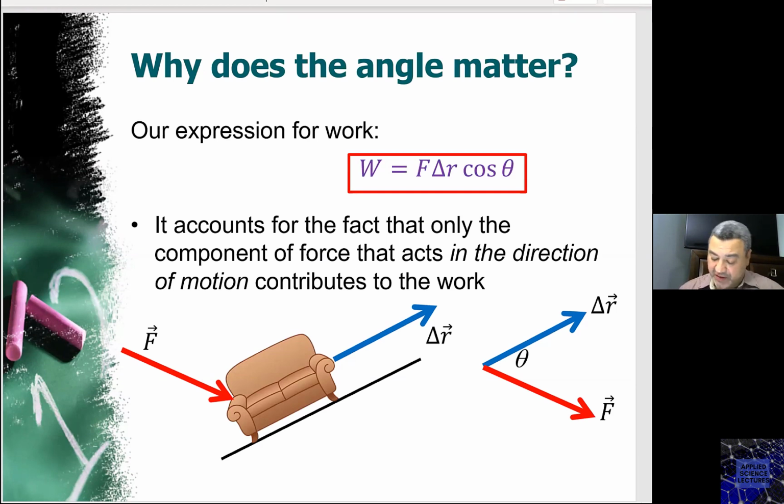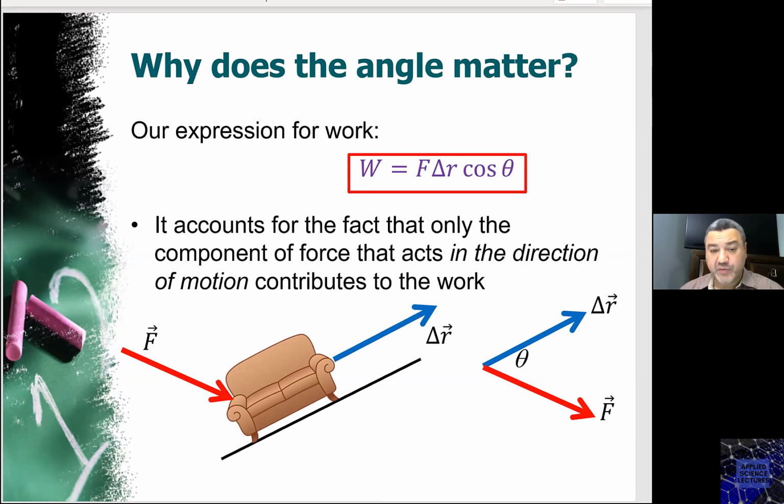Let's look at this expression further in more details. Now, if I have this sofa that's being pushed using this force, as you can see, the displacement vector will be along this surface.